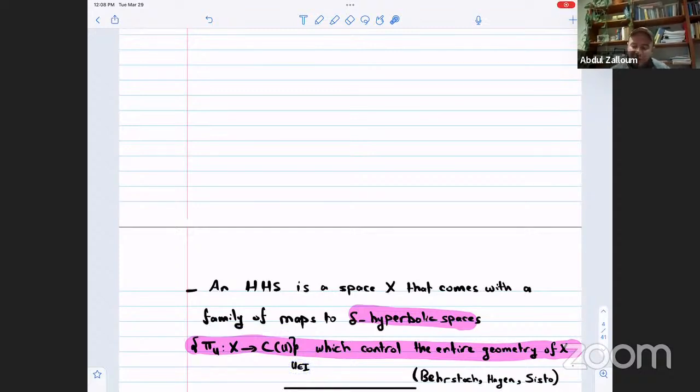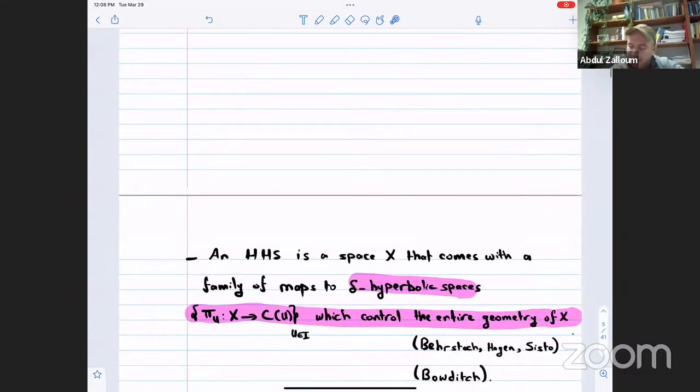The idea of an HHS is that this family of projections controls the entire geometry of the HHS, in the exact same way hyperplanes control the entire geometry of a CAT(0) cube complex. The main philosophy is the same. The main tool in CAT(0) cube complexes is hyperplanes, and the main tool for hierarchically hyperbolic spaces is the collection of hyperbolic spaces and these projection maps. You can understand any geometric notion you want about an HHS using such maps.